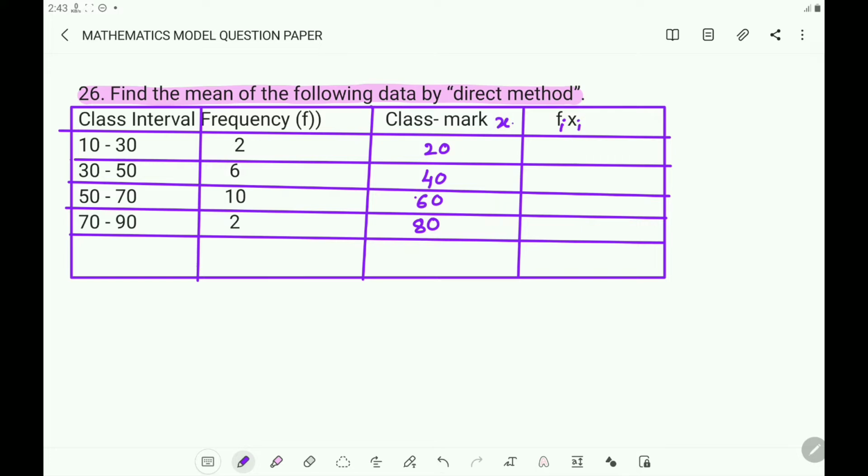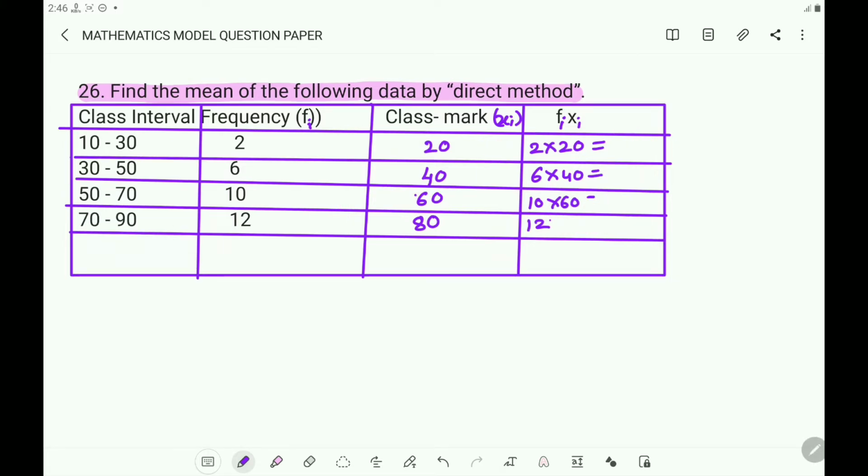You know that this is Xi and this is Fi, and the product of these two. 2 into 20, then 6 into 40, and 10 into 60.